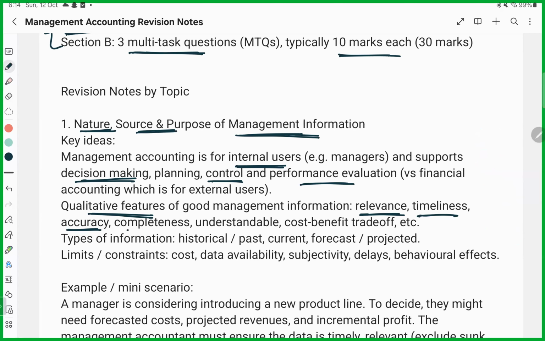The complete information should be available. So as we see, I need complete information and not just half the information of what I have to achieve.